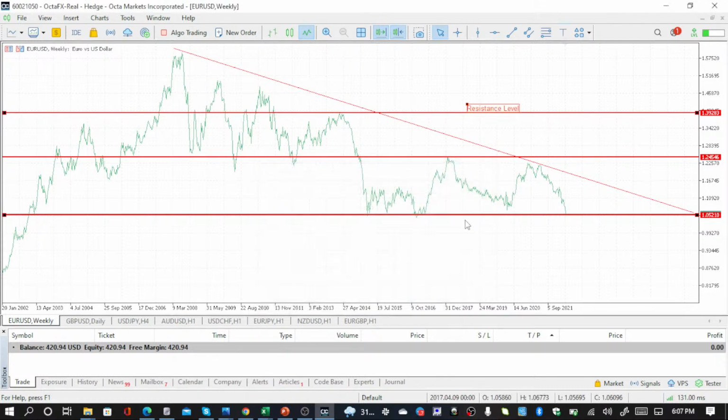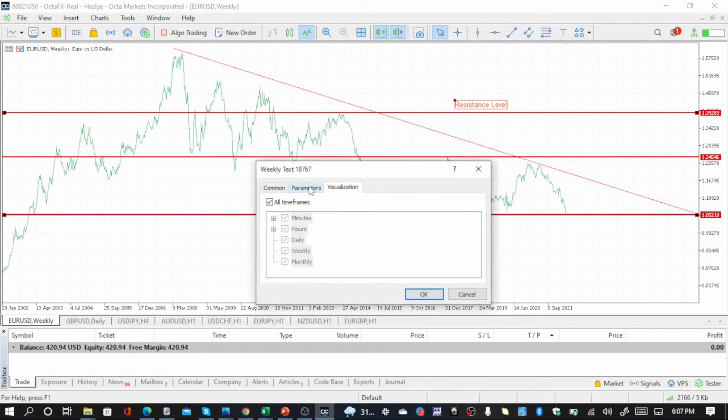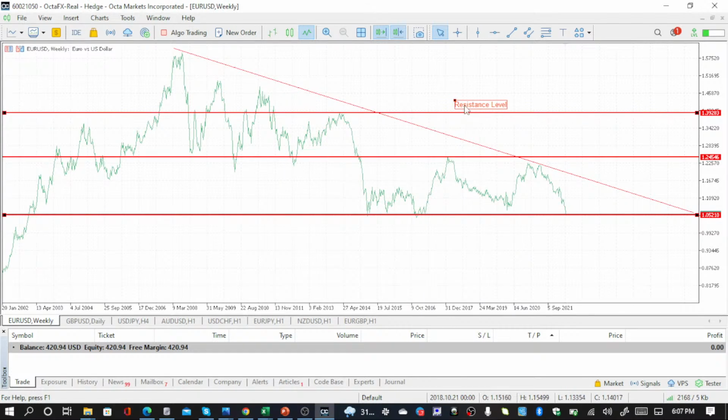Now you can see the resistance level is the sell zone. The resistance level is the sell zone. Let me see if I can make it bolder. Okay, it's fine.